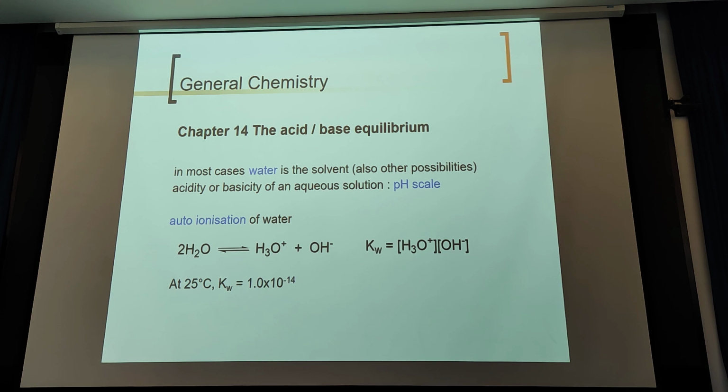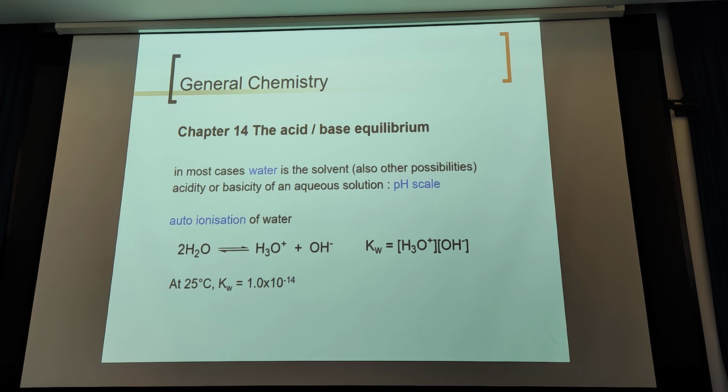So if we describe this reaction, actually the equilibrium constant is the product of the proton concentration, and in most cases I will write it as H3O plus. Sometimes you see also H plus, that's also possible.